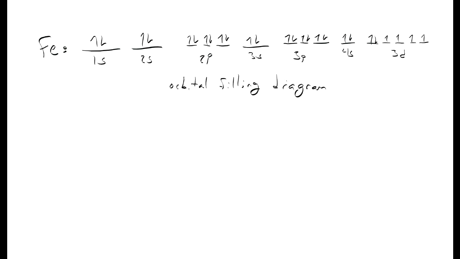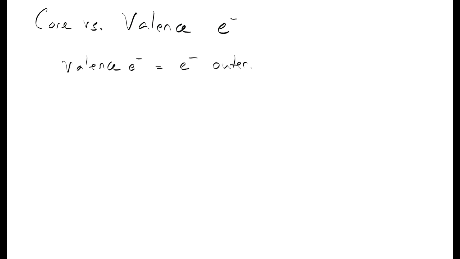And just as with the electron configuration, that can get tedious for larger atoms, but again, there is a way to simplify this. In fact, it's the exact same way. It is by means of differentiating core versus valence electrons. Valence electrons are the electrons of the outermost shell.